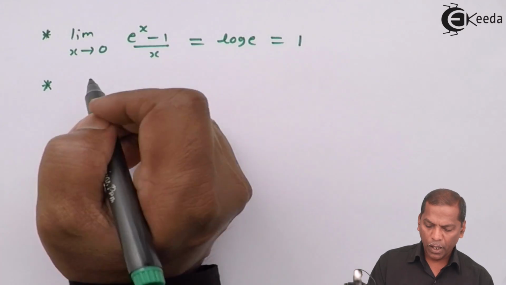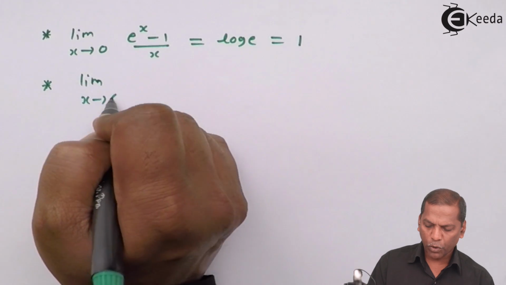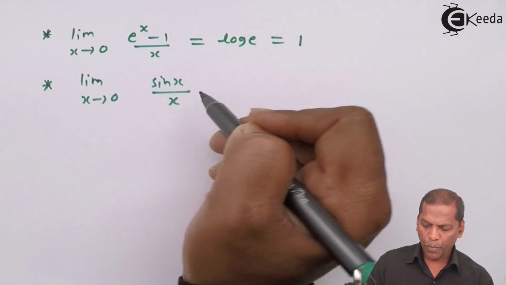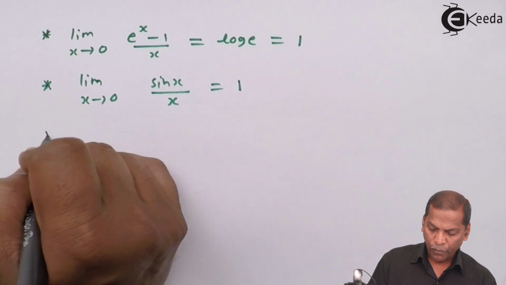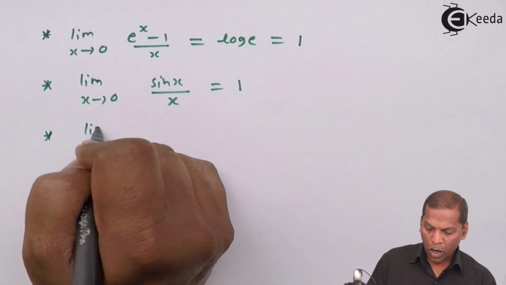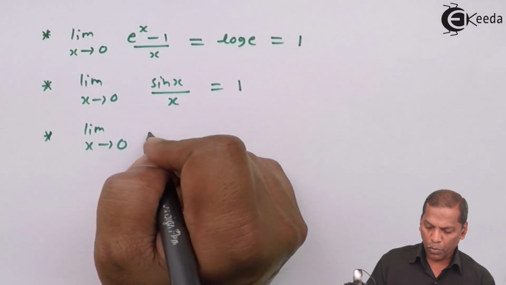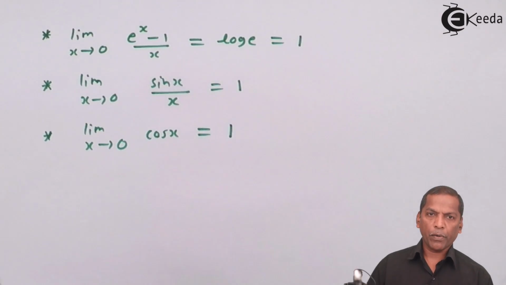And secondly, we use the rule limit x tends to 0, sine of x upon x is equal to 1. And third rule is limit x tends to 0, cos x is equal to 1.